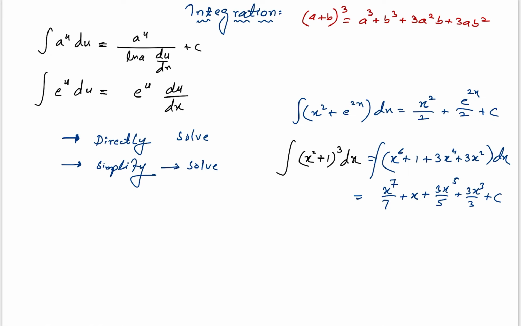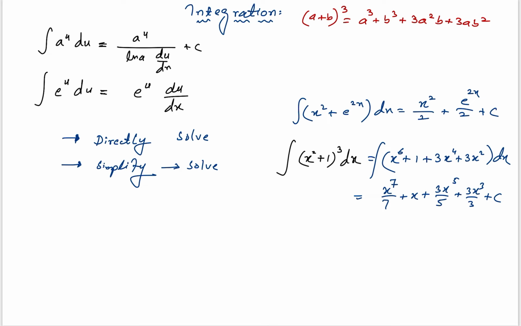So first you will try to solve it directly. If it is not solvable directly, then you will see if we can simplify it and then solve. Here it is not solvable directly, so first I expanded the formula and then solved.